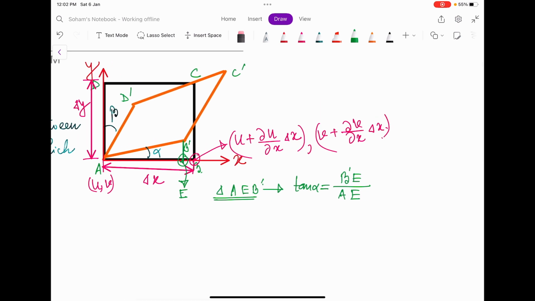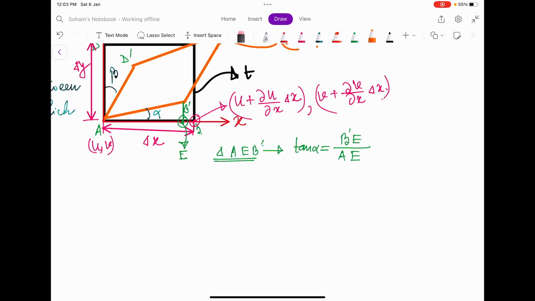Now what is B dash E? B dash E is after maybe time delta t. This configuration is at t and this is at t plus delta t. After time delta t, how much will A move in the vertical direction? The movement of point A in time delta t is v delta t, right?